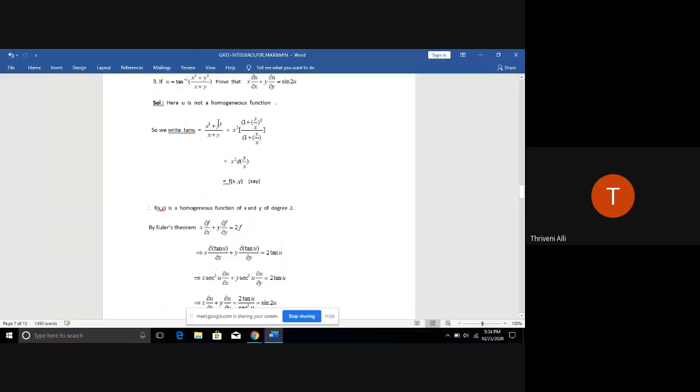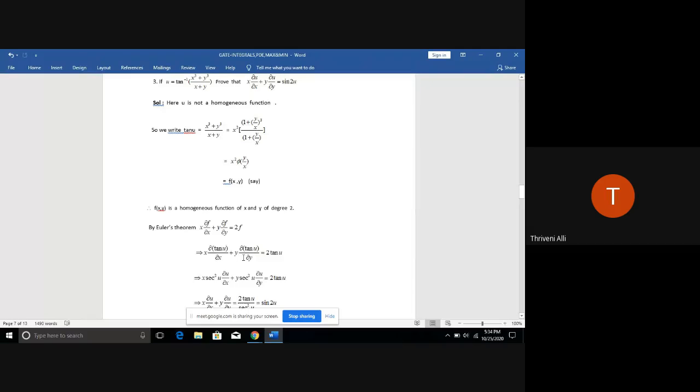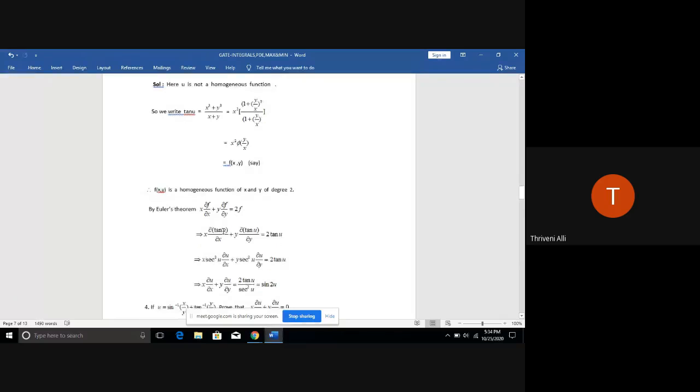That is x ∂/∂x of tan u plus y ∂/∂y of tan u is equal to 2 tan u. So what is the differentiation of tan u? Secant square u. Again into ∂u/∂x plus y into sec² u into ∂u/∂y is equal to 2 tan u.